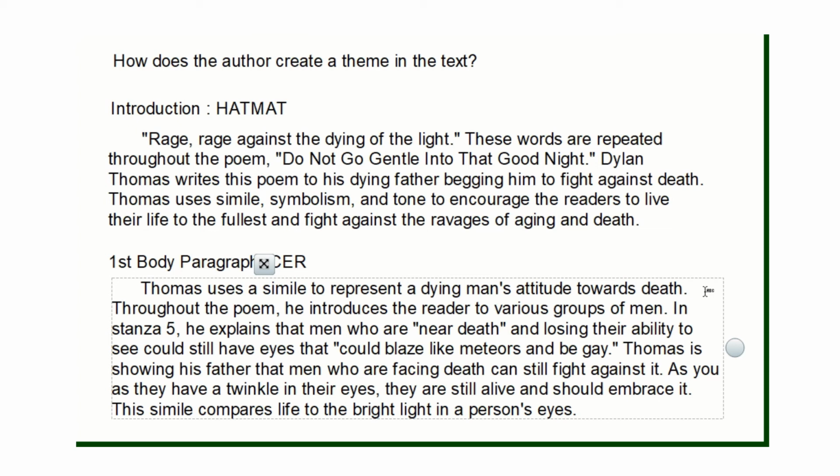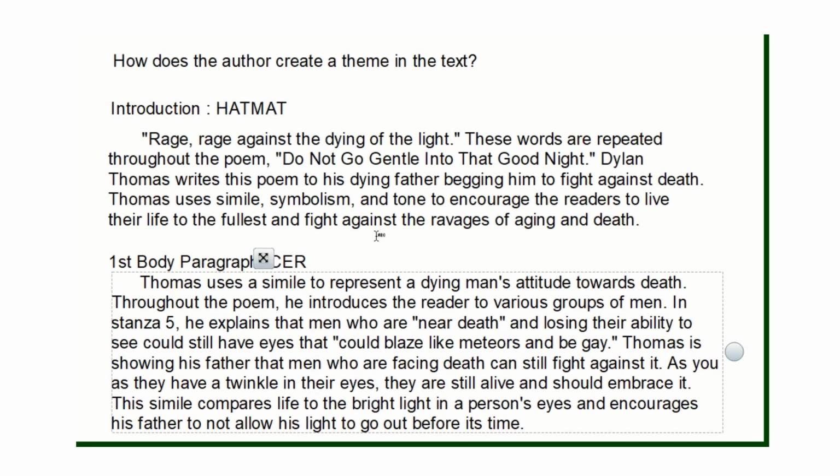Bam. So, let's go even further because we got to talk about the attitude. This simile compares life to the bright light in a person's eyes and encourages his father to not allow his light to go out before it's time. There you go.